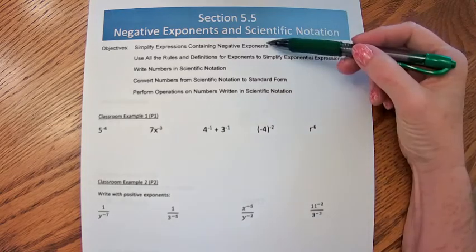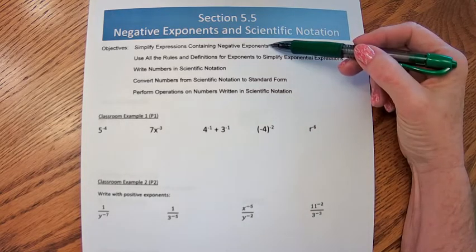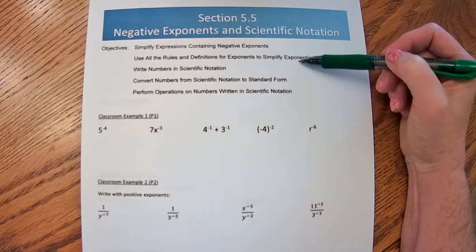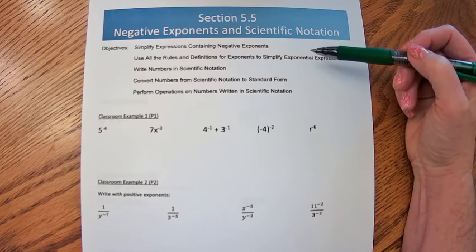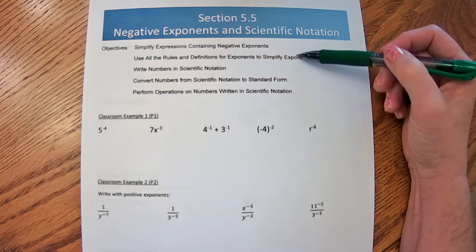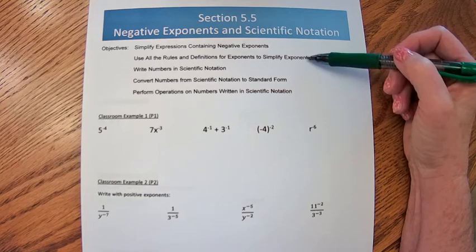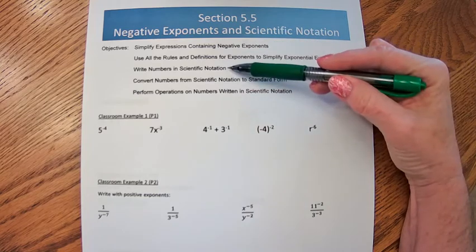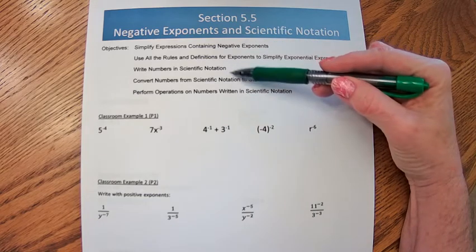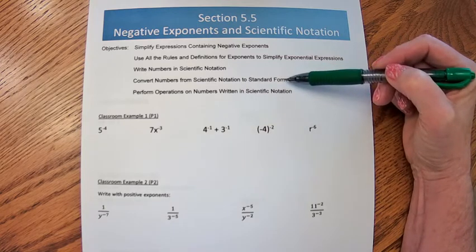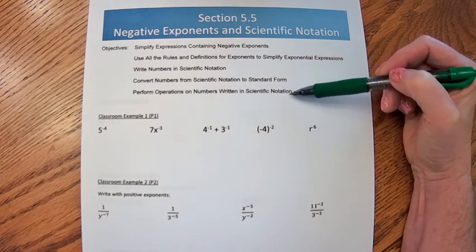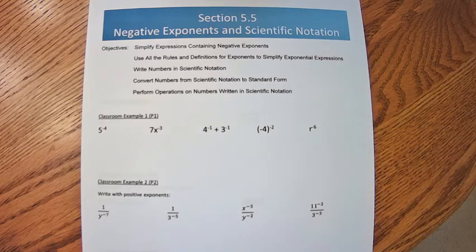So we'll simplify expressions that have negative exponents, and all of the rules that apply for exponents also apply for negative exponents. So your power rule, your quotient rule, your product rule. So we'll practice those, and then we'll write numbers in scientific notation, or we'll look at scientific notation and convert those numbers back into standard form, and then just perform some operations with scientific notation to make sure we're comfortable with that.